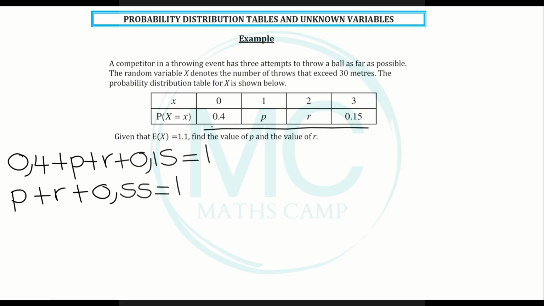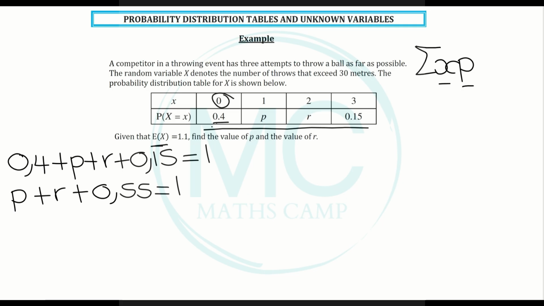The question tells us that E(X), the expected mean, is equal to 1,1. To find the expected mean, we say sigma x p. We take every value of x, multiply it by its respective probability, and then add these values together. 0 multiplied by 0,4 is still 0.